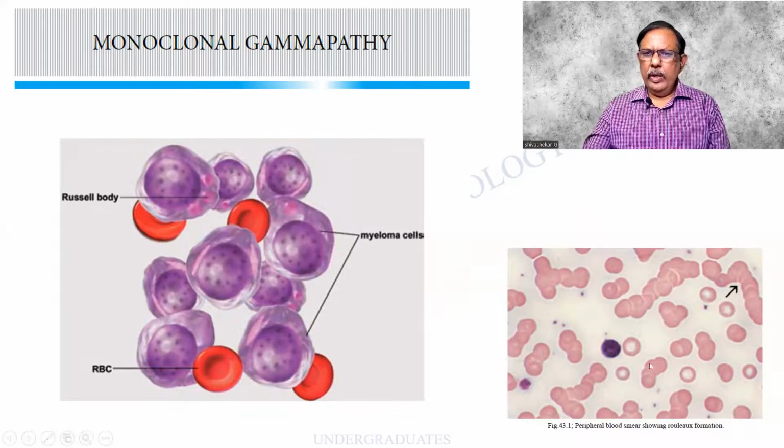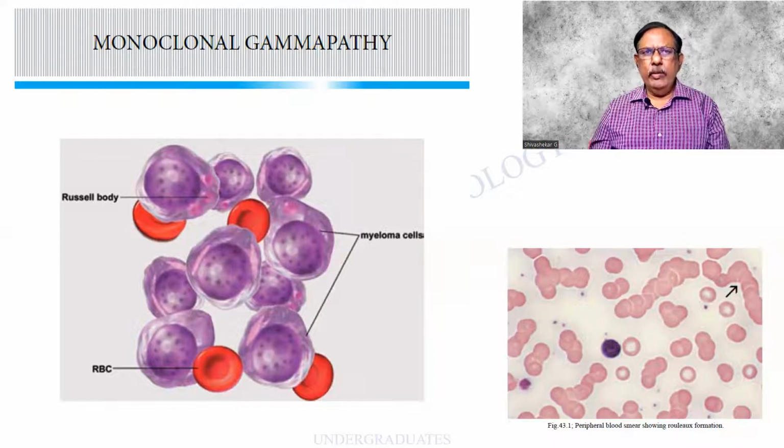Here, however, what I am seeing is the RBCs are in chains, or a rouleau formation. That is one. Secondly, the background usually is colorless, but here I am finding a bluish background due to the precipitation of protein. After all, plasma cells produce immunoglobulins, and immunoglobulins are proteins, and hence this color.